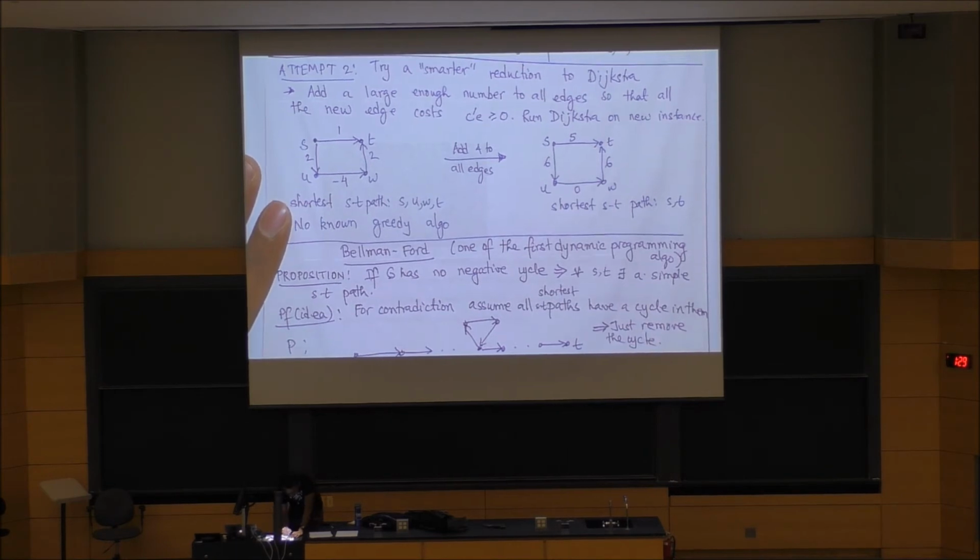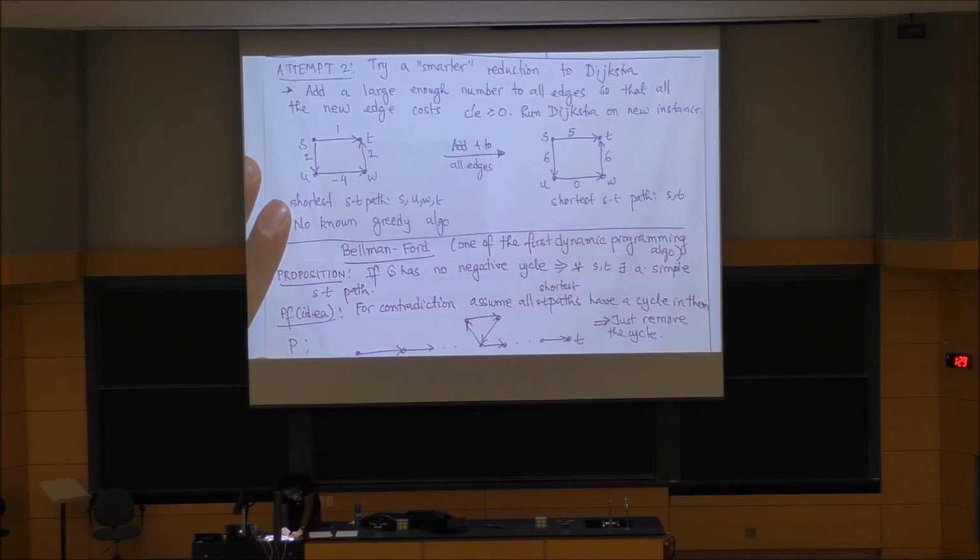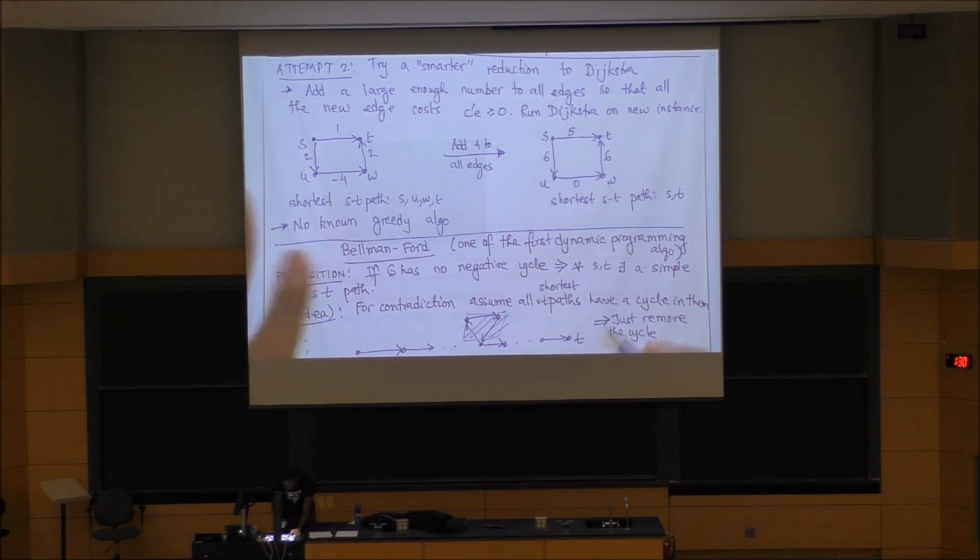More precisely, if there exists a cycle, let P prime be the path that you get by throwing away all the edges that are in the cycle. In this case, I'm going to just throw away all of this.